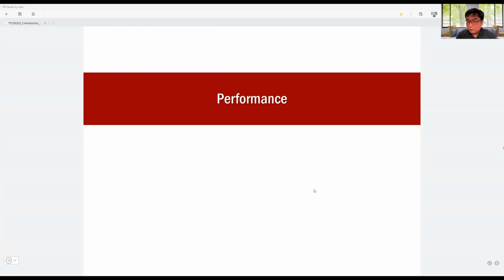In today's class, we will learn about the performance of a computer system, and how to measure the performance of computer systems or computer processors. In the previous class, we learned that a computer runs software, and a computer is composed of software and hardware.